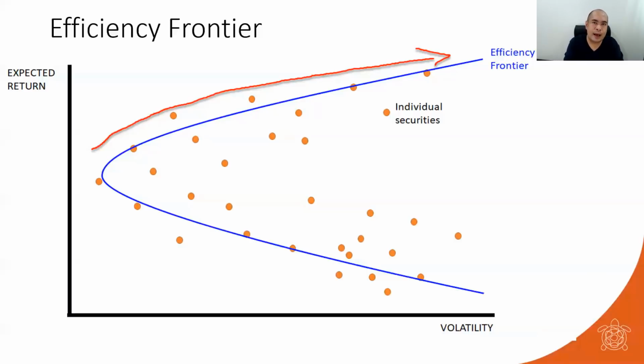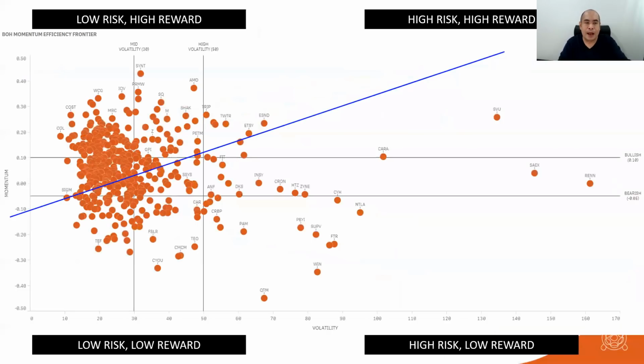Let's use a metric of momentum that's stable, that's predictable, that doesn't vary as much, that can be reliable, and then use that as our proxy for expected returns. When you do that, expected returns becomes momentum, and volatility is still just volatility. And basically, that's what I did.